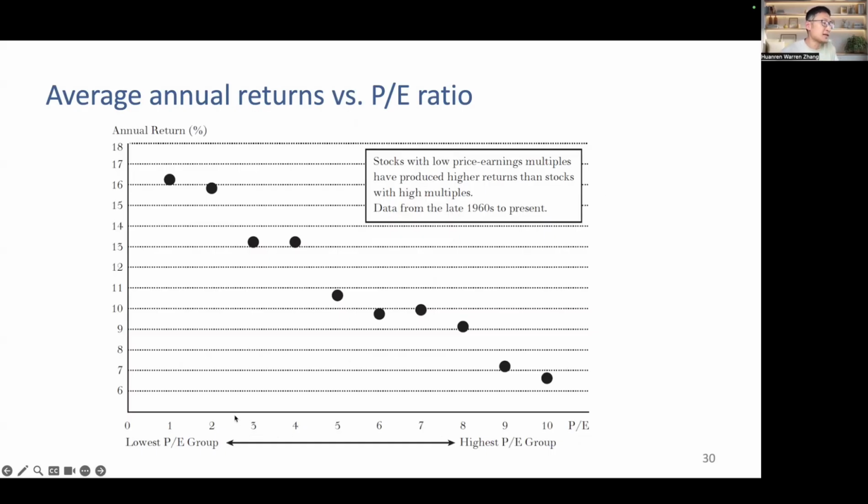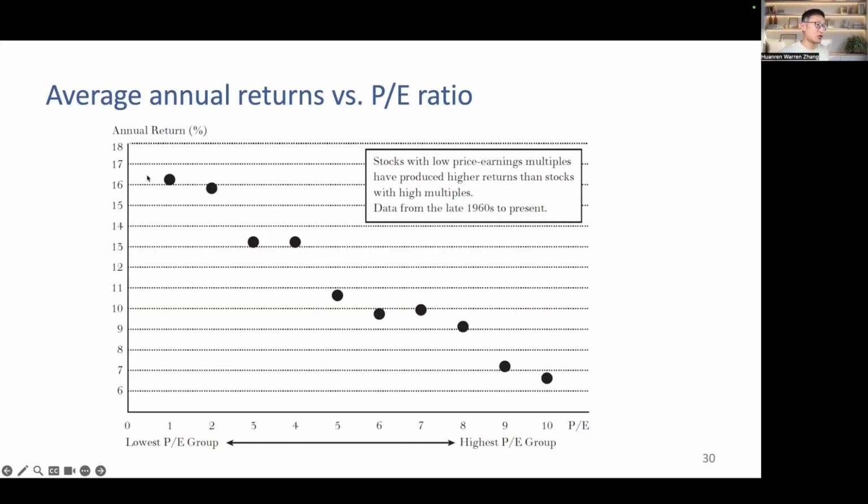Here we divide the portfolios of different companies based on PE ratio into 10 different groups and calculate the corresponding annual returns. And again, if we divide the stocks into 10 groups rather than 5 groups, we see the difference is even more dramatic, right?